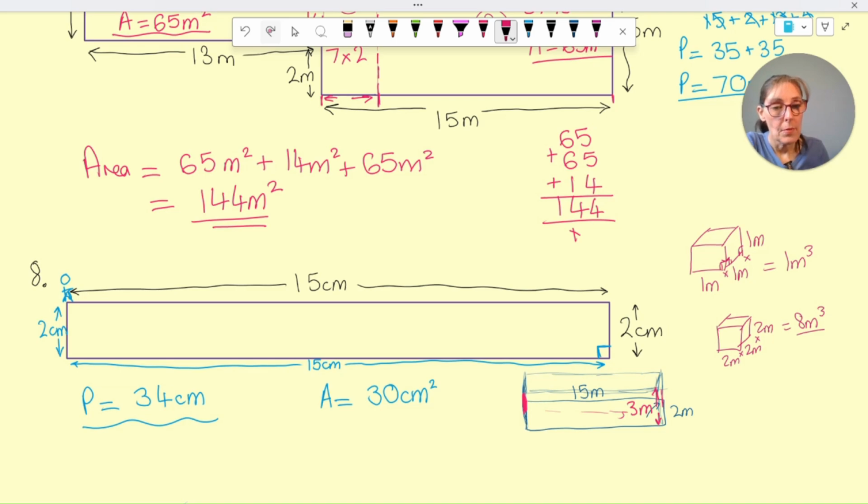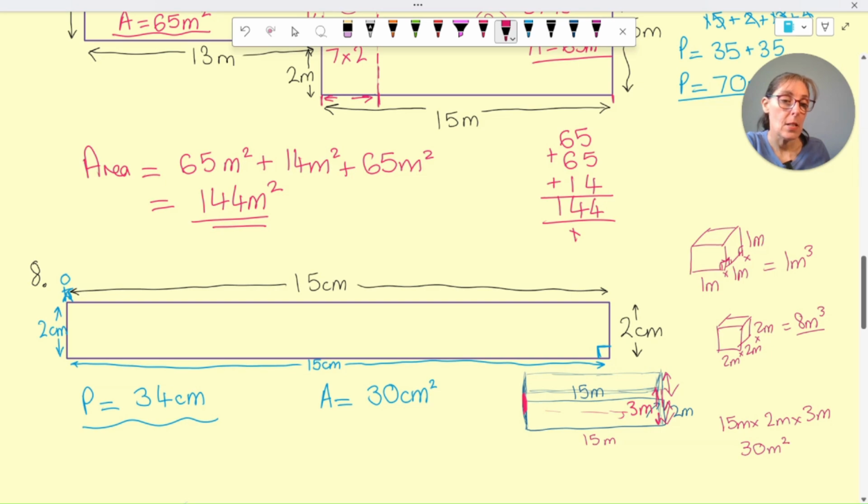So here we've got this length. We've got 15 meters multiplied by the width, which is 2 meters, multiplied by the height, which is 3 meters. And this is going to tell us how many little meter cubes there are. Meter cubes, like big things. Well, that's a meter, isn't it? You can't see my arms by meter by meter. How many meter cubes are going to be in there? 15 times 2 is 30.